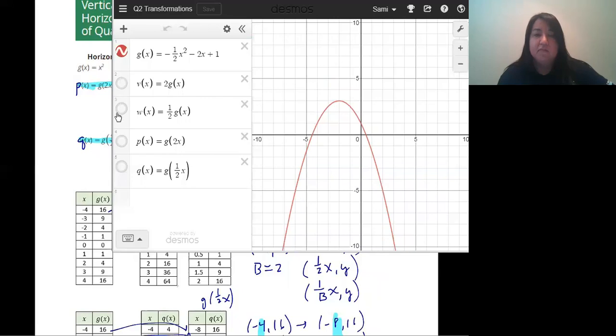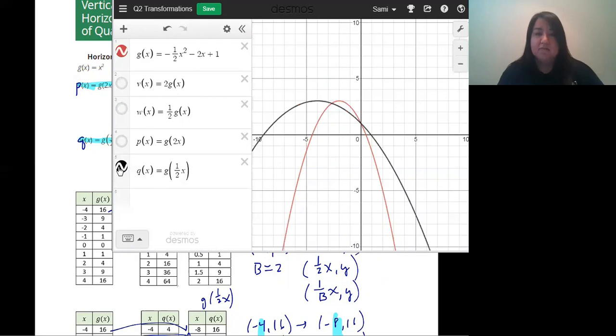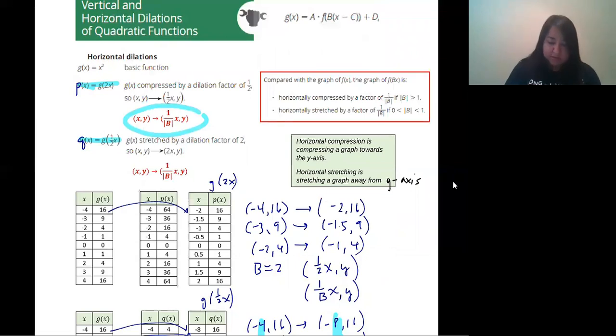And when I multiply by 1/2, that should be a vertical compression, so I am compressing the graph towards the x-axis. And we now have p of x, and that's g of 2x. You can see here that I'm compressing horizontally towards the y-axis, or stretching horizontally away from the y-axis.